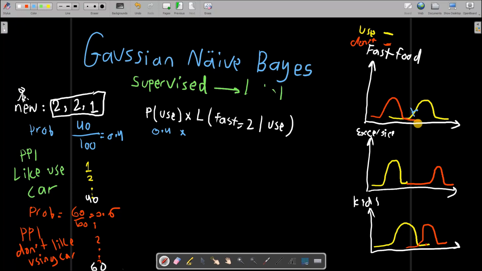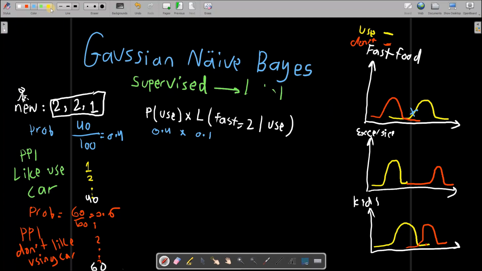What is the likelihood? Well, it is the y-axis here, actually. Let's say that here is the 2 for the fast food, right? So the likelihood is located just right here. And let's say that this point here equals 0.1.